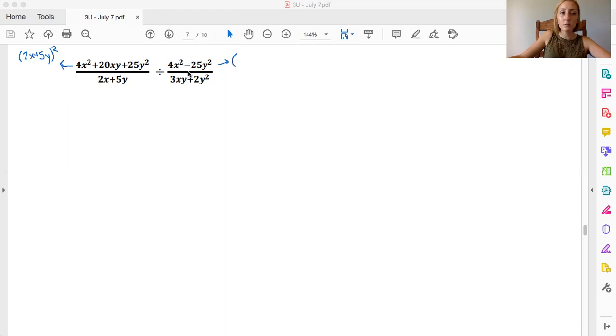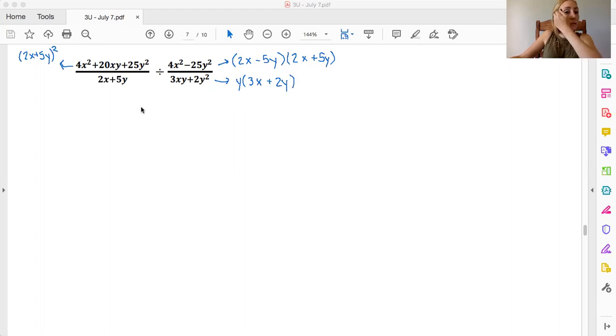There's 2 terms, there's a subtraction in the middle, and both can be square rooted. So this gives us 2x minus 5y, 2x plus 5y. And our bottom little dude here is just a common factor of y. So we're left with 3x plus 2y.